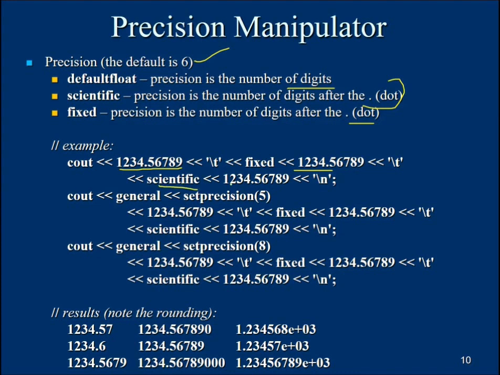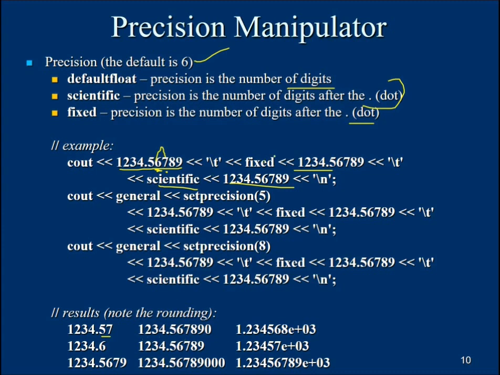Same stuff. As you can see, in default it will be converting this 6 to 7 because this is greater than 5. A value greater than 5 will cause the previous value to be incremented, and if this value is less than 5, the previous value will not be incremented, it will remain as 6. In this case it is 7, so greater than 5, so it will be 5.57. Once you want fixed, it will be giving you the fixed value.